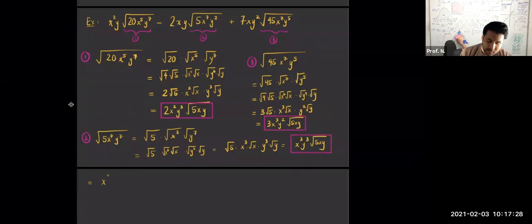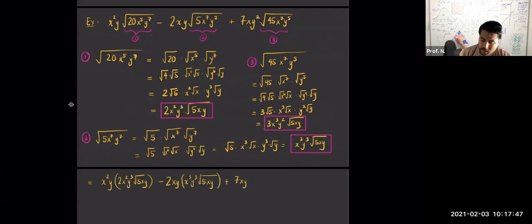I have x squared y, and I'm going to replace this with 2x squared y cubed, the square root of 5xy, minus 2xy, and this becomes x cubed y cubed, square root of 5xy, plus 7xy squared, multiplied by x cubed y cubed, square root of 5xy.